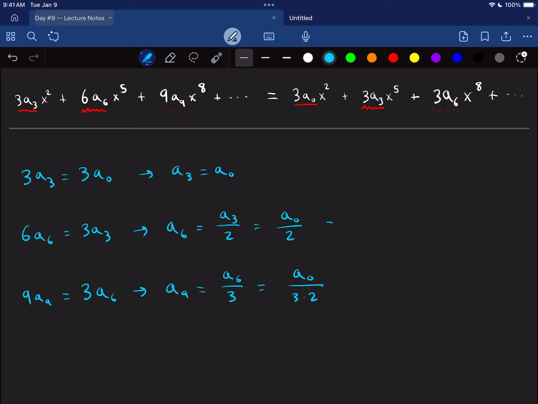And again, we see the same factorial pattern where I could put a dot, dot, dot here and I could say A n is going to be equal to... you know what? I'm looking at this and I'm realizing I don't know that I want to bother with writing out a formula for a sub n.